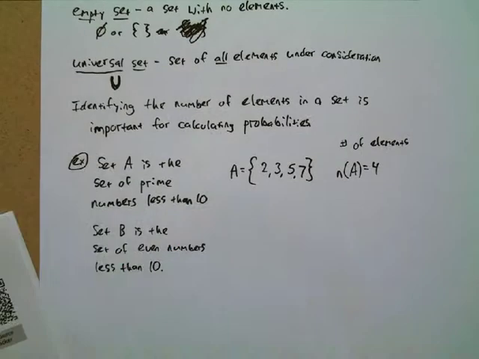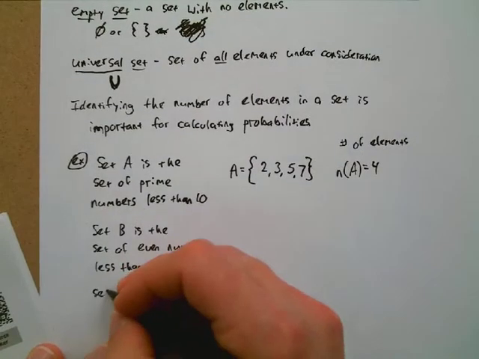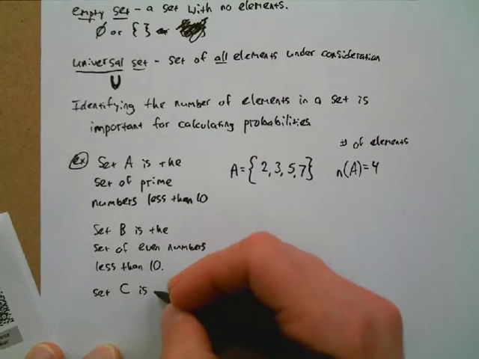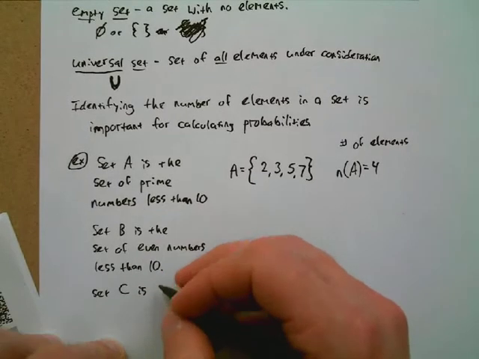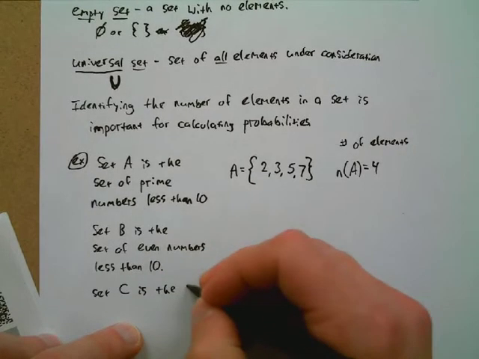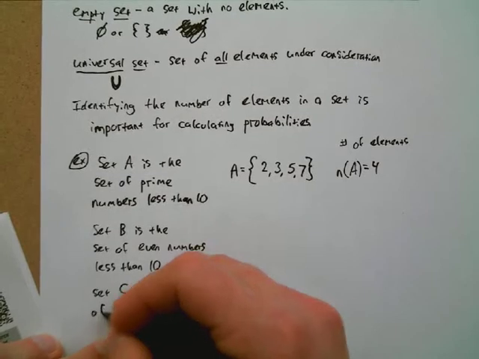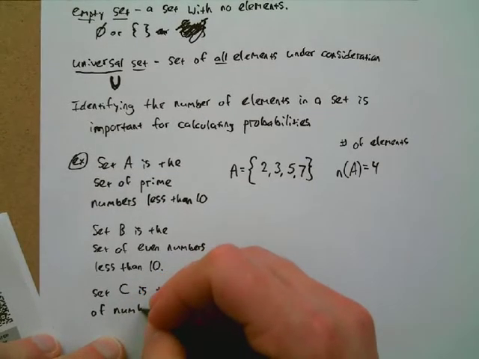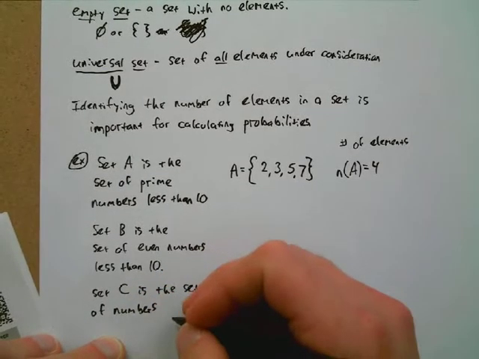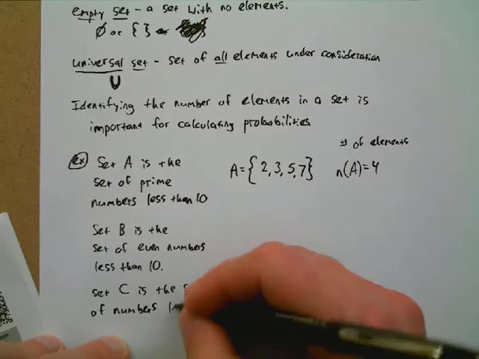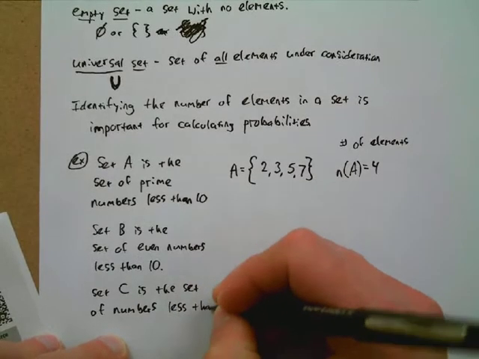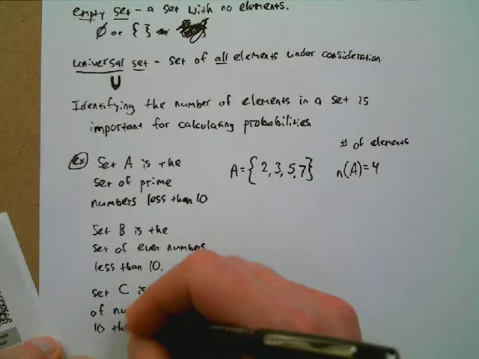And set C is the set of numbers less than 10 that are multiples of 4.